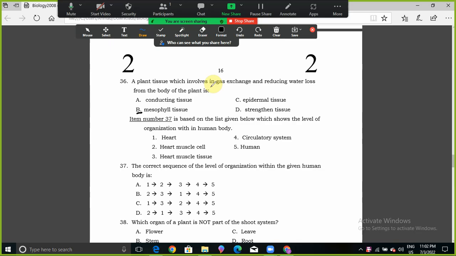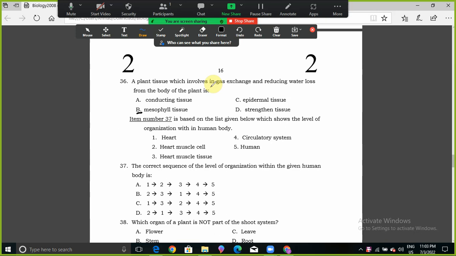Now, in question number 37, the question says: the correct sequence of the level of organization within the given human body is what? 1, 2, 3, 4, 5, or 2, 3, 1, 4, 5, or 1, 3, 2, 5, or 2, 1, 3, 4, 5.